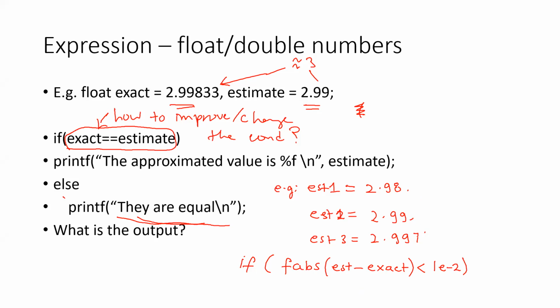This means that if the difference is just on this part, within 0.01, so this is 1e to the minus 2, if it's just a difference of 0.01, then I can print out my estimate value.